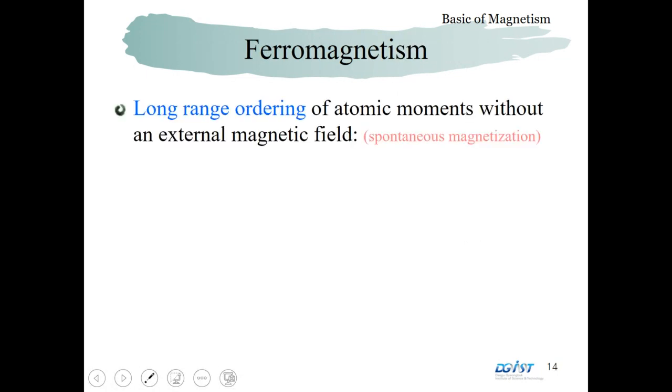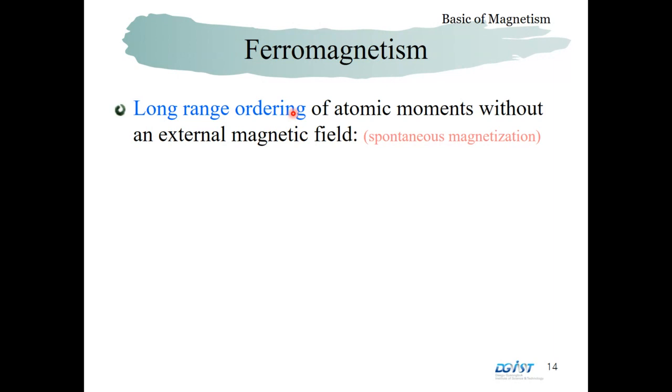So in ferromagnetism, this atomic moment has long range ordering. Ordering means they have some correlation: if one atomic moment is pointing in one direction, the other one has the same or a related direction.